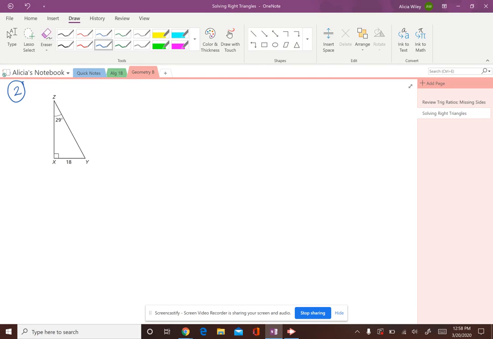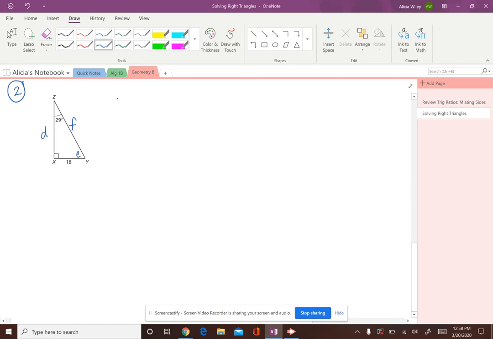Let's do E, D, and F. So this can be E, and this can be D, and this can be F. You don't necessarily need to do that. You could just call it angle Y if you wanted to, and side ZY if you wanted to. So this is just a different way to organize your problem.